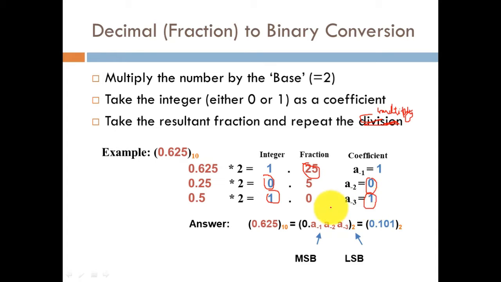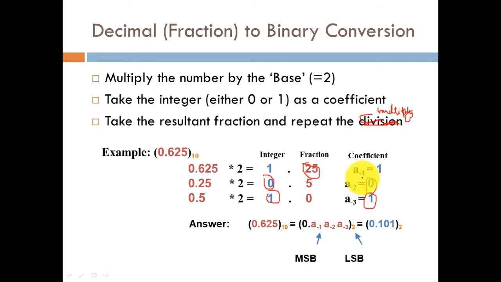And here again these coefficient terms represent the binary equivalent of our fractional decimal number. Here again we need to focus on the written order. As we already saw in our last slide, while converting an integer decimal number into binary, we just reverse the order, but here the order will remain the same. So the order turns out to be 0.a of minus 1, a of minus 2, a of minus 3. These represent the positions.